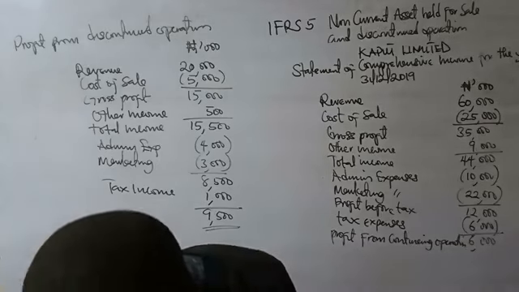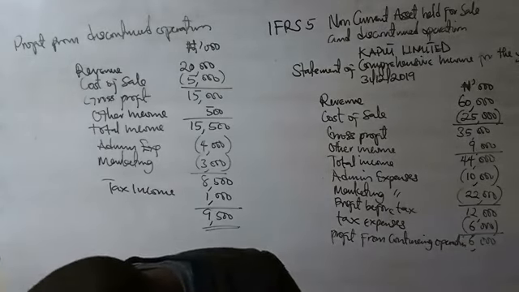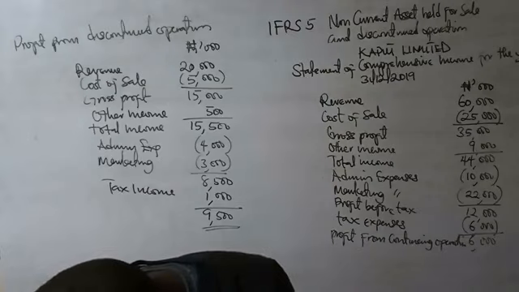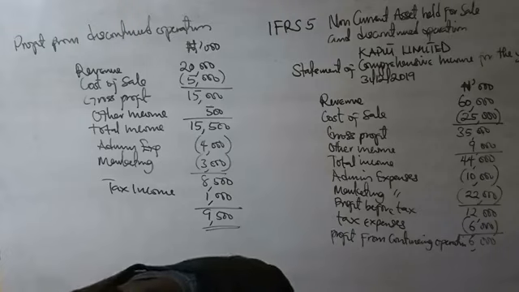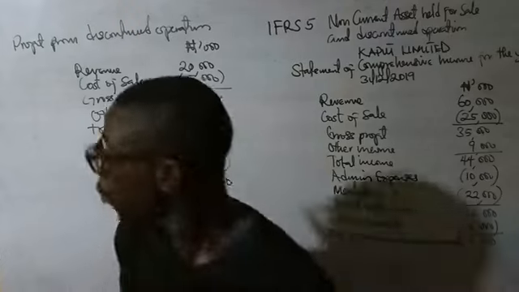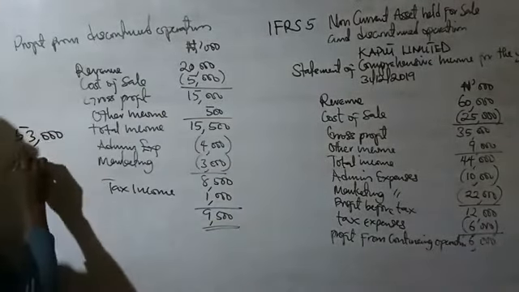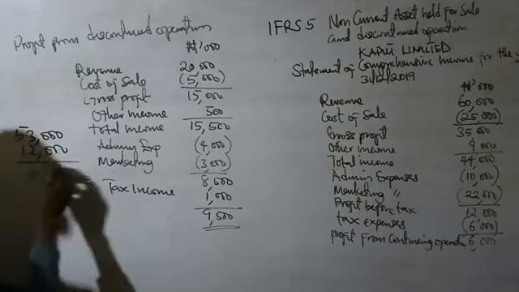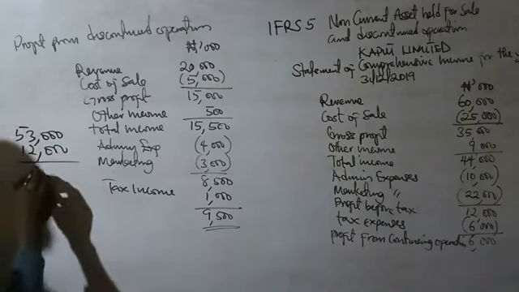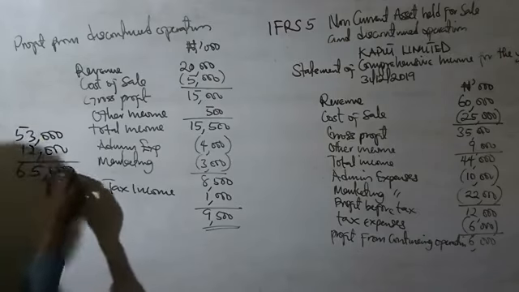That means land and building 40,000 naira, machinery 10,000, equipment 3,000. That will give you 53,000 plus inventory. What's the inventory? So 53 plus 12. Inventory is 12. That will give us 65,000.